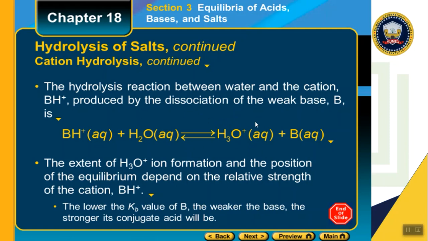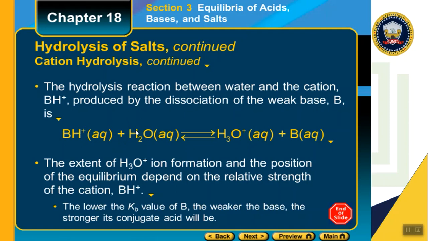Why? Because it contains hydronium ion, and hydronium ion is acid in nature because it will decrease the pH of the solution. Okay, so here the BH positive will what? Will donate hydrogen or proton, or will accept proton.